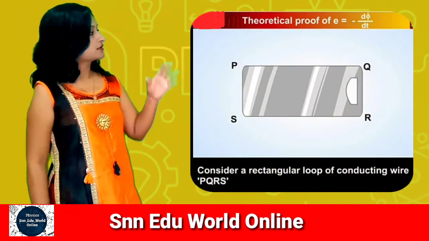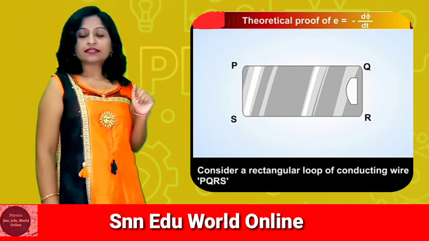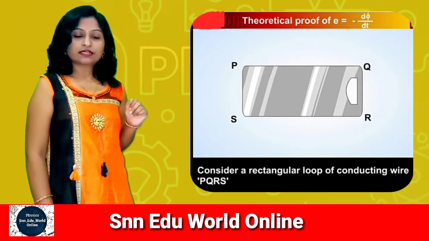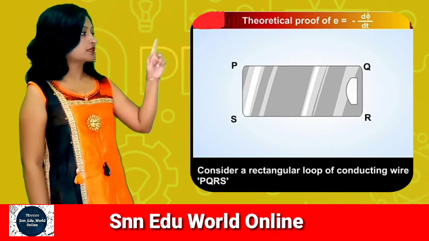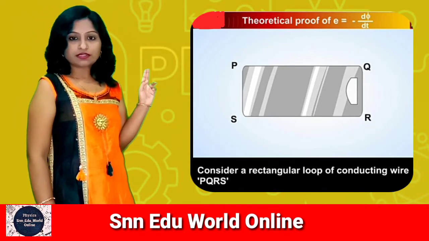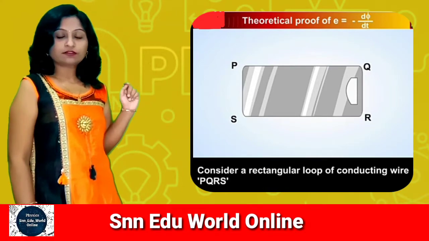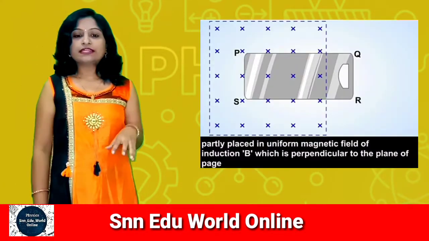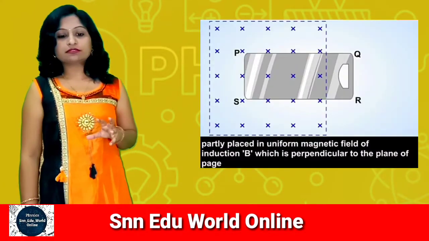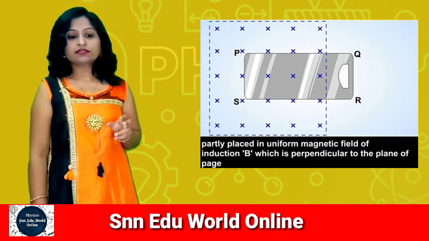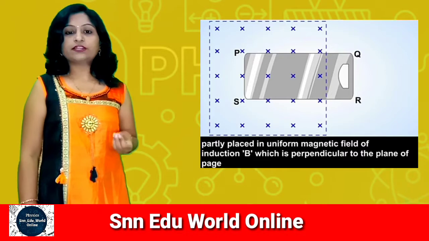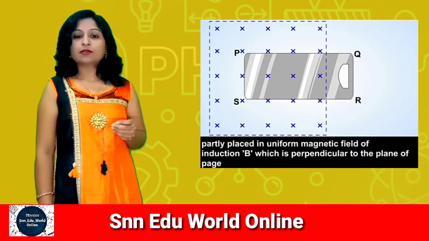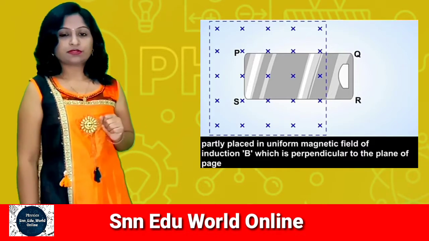So for that, consider a rectangular loop of conducting wire PQRS. So we are having a conducting wire PQRS of rectangular shape. Now let it be partly placed in a uniform magnetic field of induction B, or magnetic field of value B, perpendicular to the plane of paper.